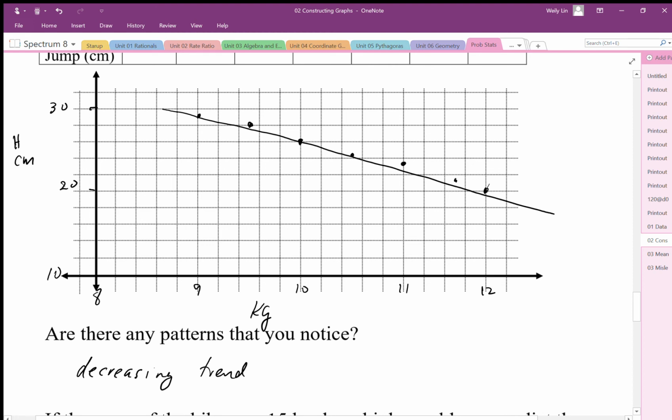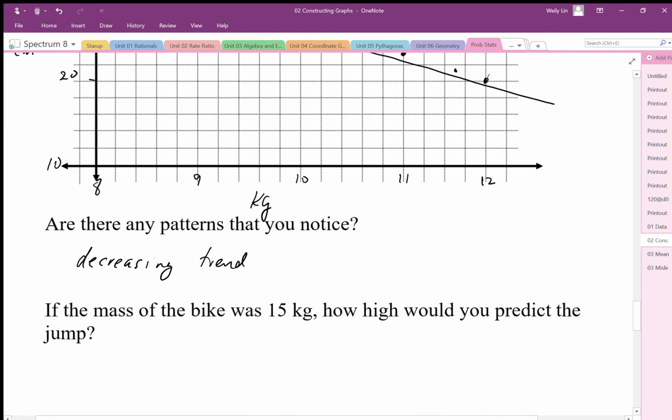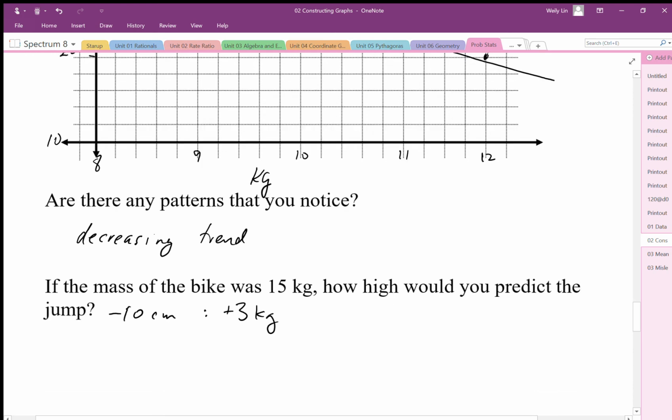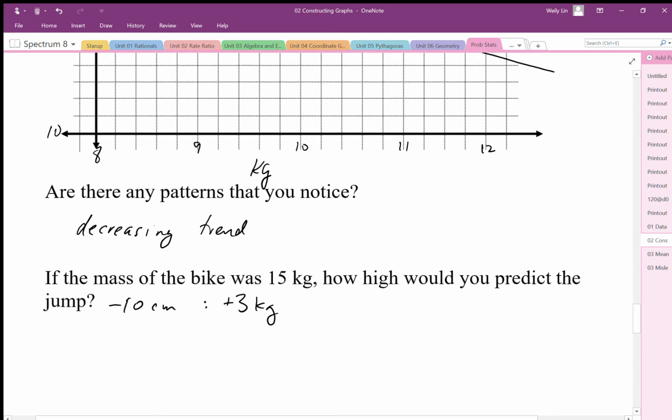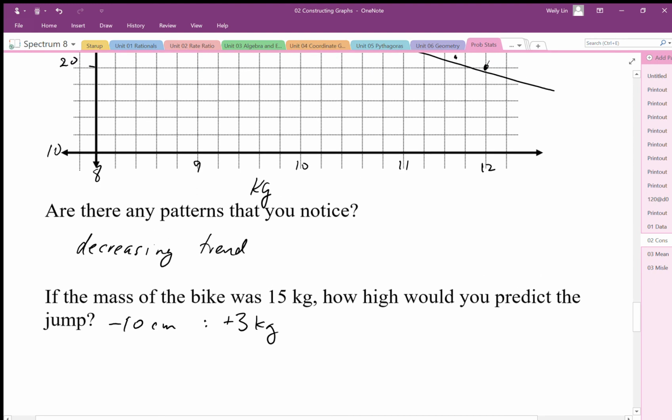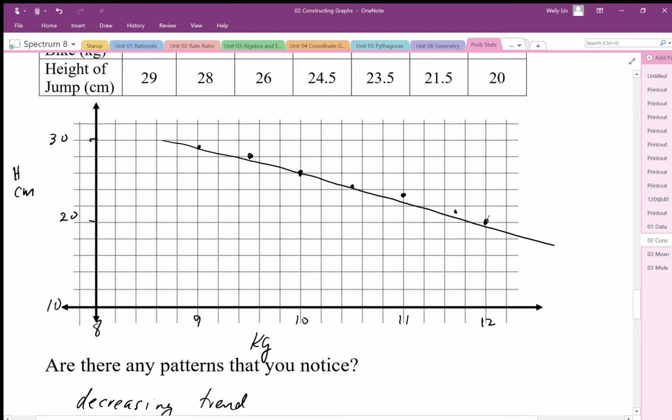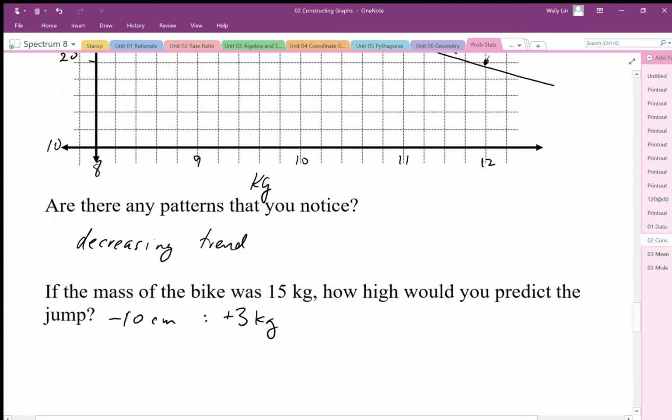So if I go up another 3 kilograms from 12 kilograms, so we go to 15 kilograms, we know that it's going to be minus 10 centimeters for every 3 kilograms of mass. What would the height be? Well, the height at 12 is 20, so at 15 kilograms, we would estimate maybe about 10 centimeters of height. Okay?